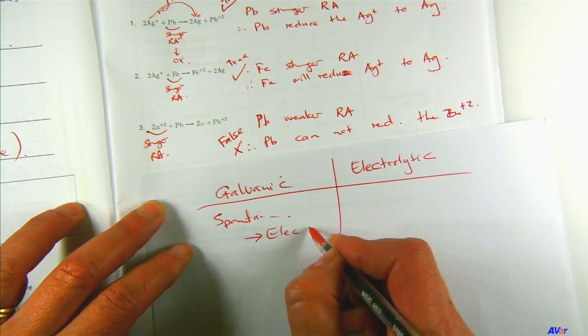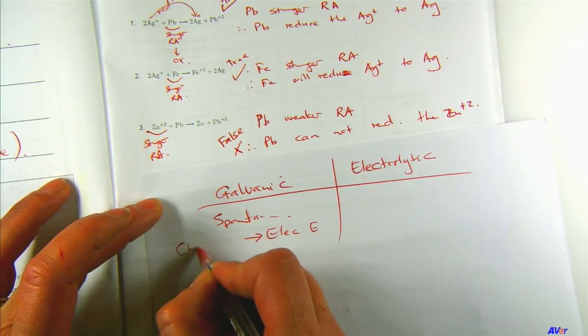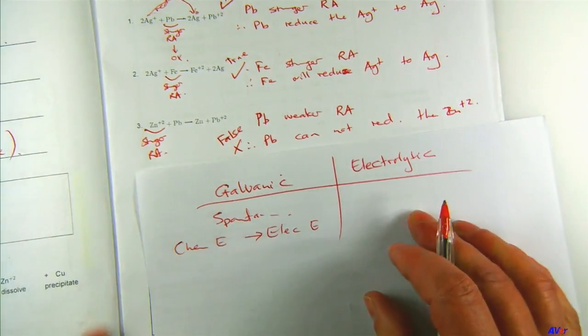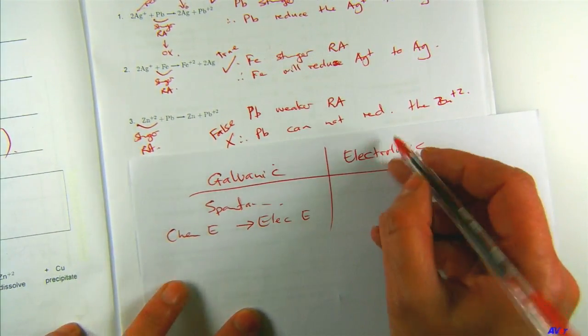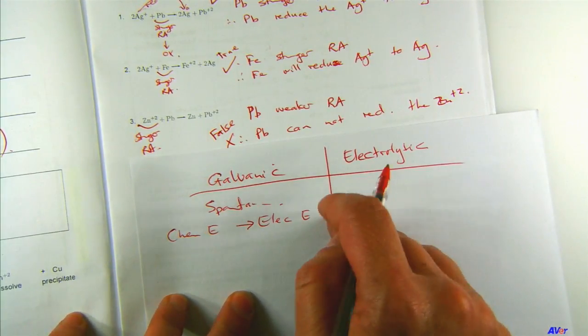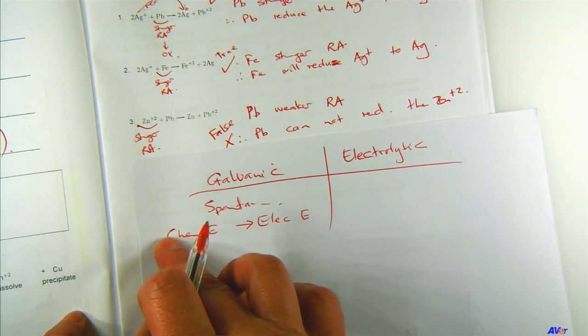We get electrical energy from the galvanic cell. So you have chemical energy, and it gives electrical energy. With electrolytic cells, it's not spontaneous, and we put energy into the system. We're definitely not going to get there today.